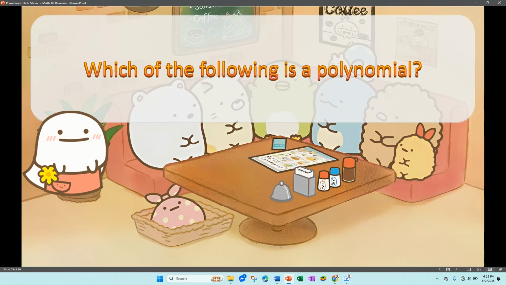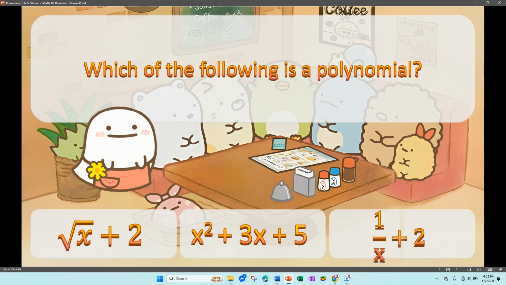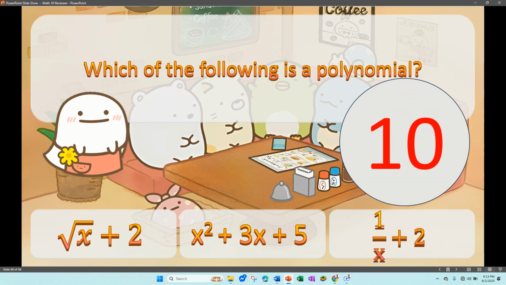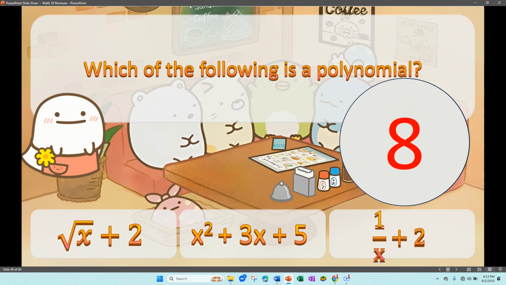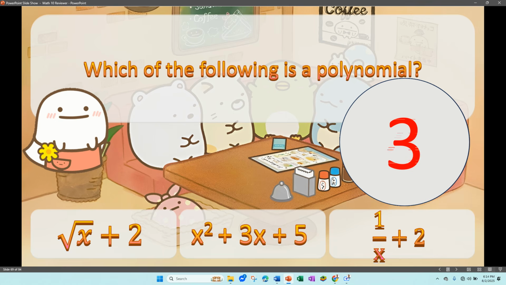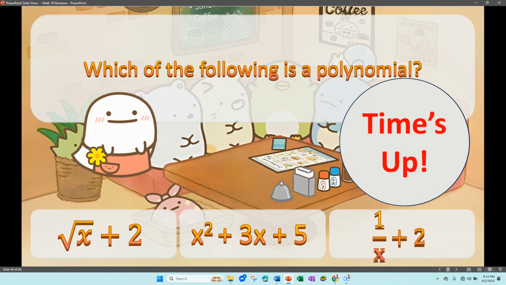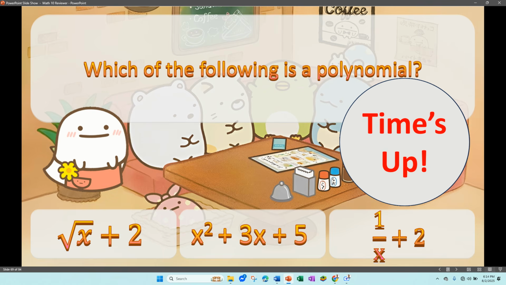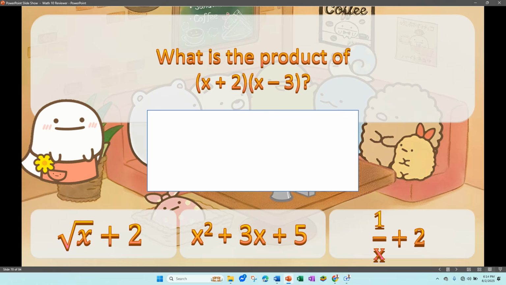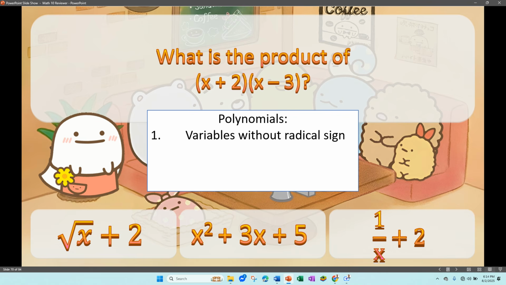Which of the following is a polynomial? 10 seconds, go. Okay, time is up. So, pag sinabi natin polynomial, dapat, una, variables without radical sign.